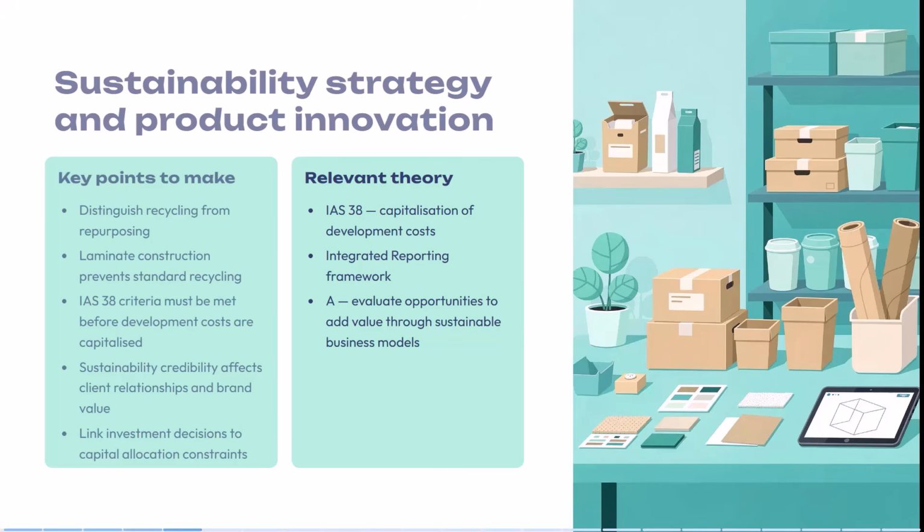We've also got the integrated reporting framework. So this is a sustainability and corporate reporting framework that asks companies to report on how they create value over time across 6 capitals: financial, manufactured, intellectual, human, social and relationship, and natural capital. Now for Cartn, natural capital is the most relevant.